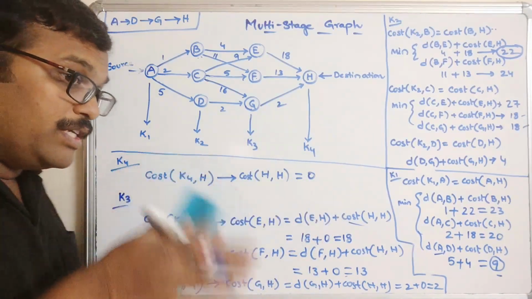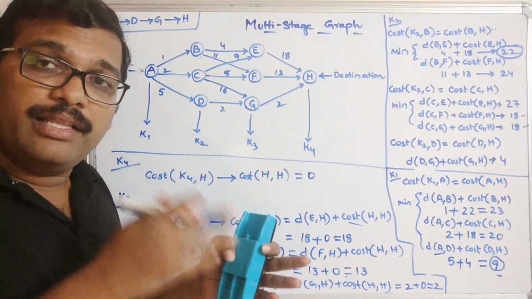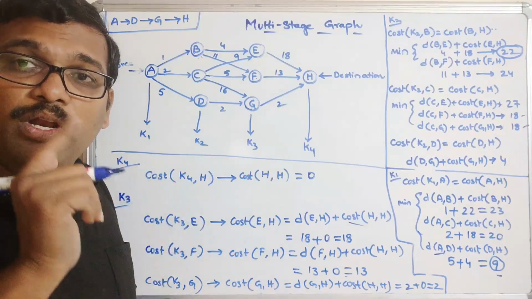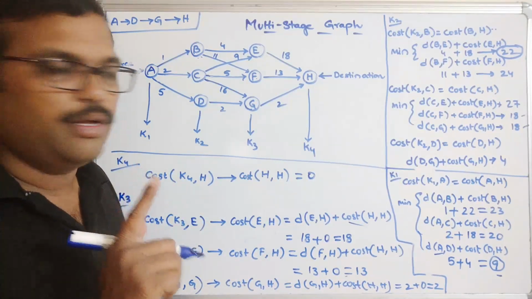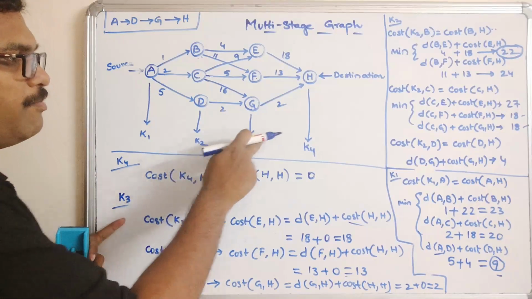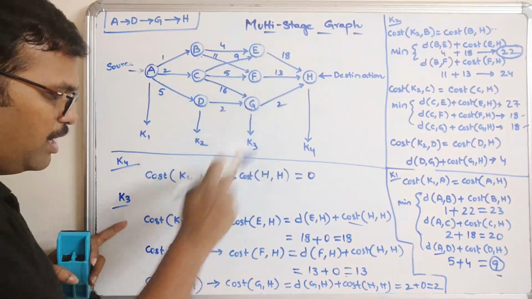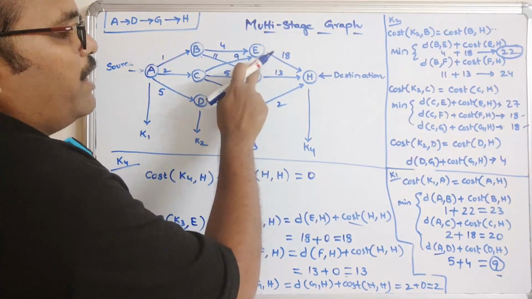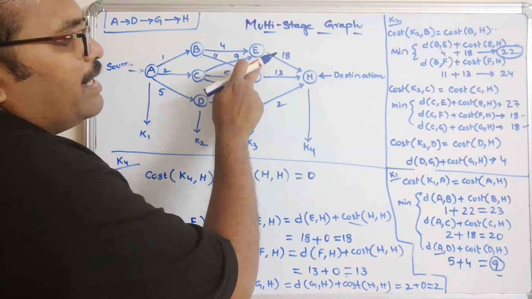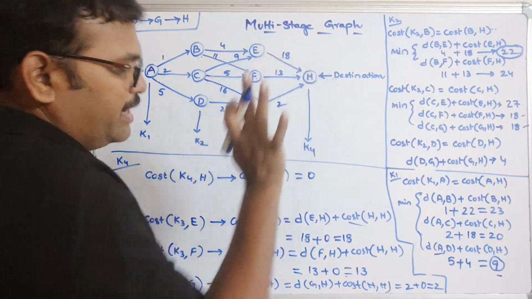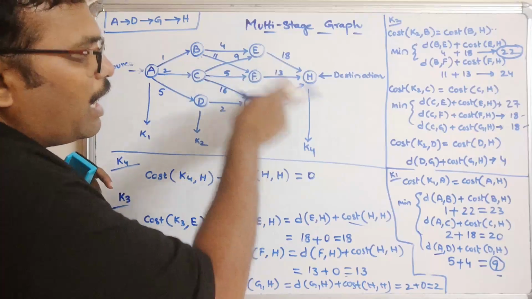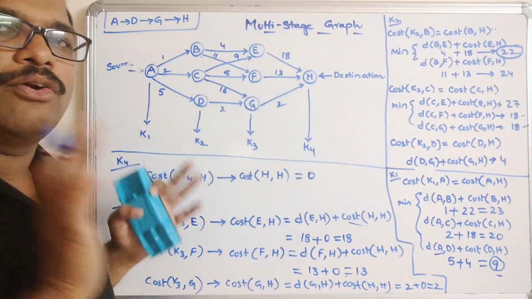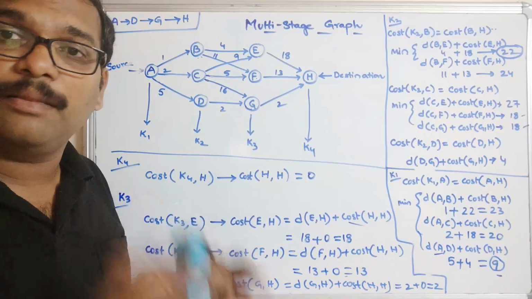One more constraint in this problem is that the graph should contain only one source and one destination. Coming to the third stage, we have 3 nodes, and from these 3 nodes we have to find the cost from each node to the destination, so E to H. If there are multiple paths, we need to consider the minimum.